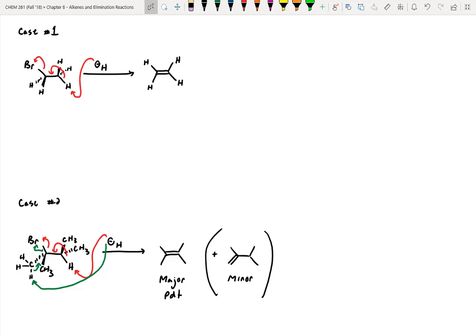Let's think about the transition state, right? So the transition state for the top one, if we think about it, the bromine is falling off that central carbon. You're forming a new pi bond between those 2 carbons. You're losing the proton down here, and it's covalently bound to your hydride that's incoming, right? So let me fill in the rest.